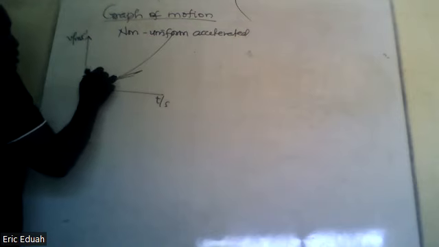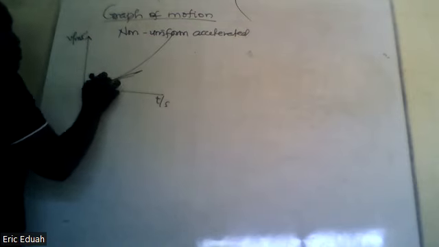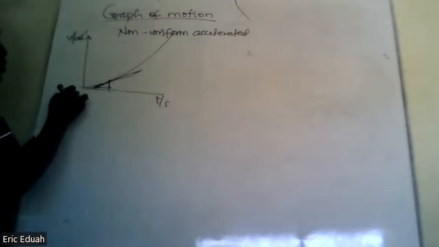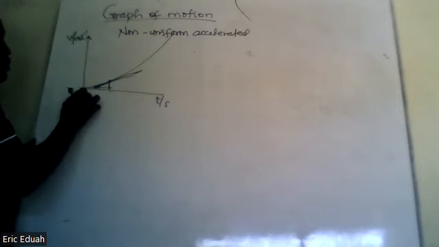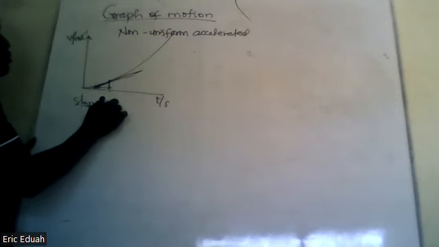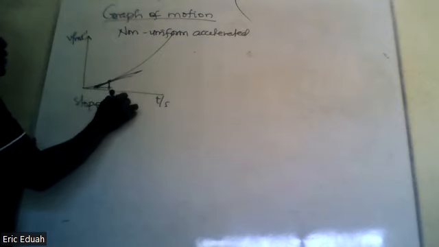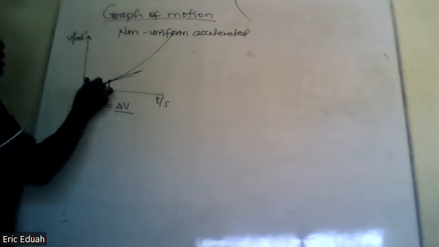So maybe within a time interval 1 and 2, the slope will be equal to the change in velocity, delta V, and the change in time.